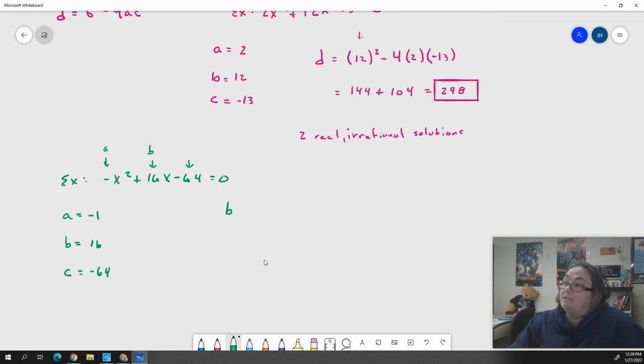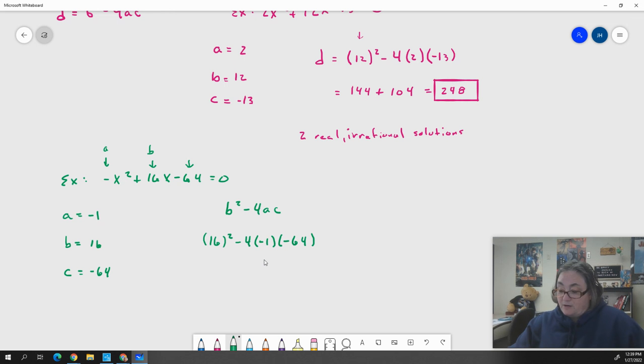And we are going to plug it into B squared minus 4 times A times C. In this case, our B is 16. So we are going to have 16 squared minus 4 times A, which is negative 1, times C, which is negative 64.